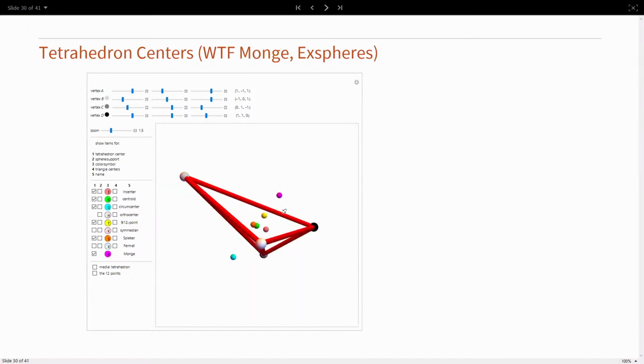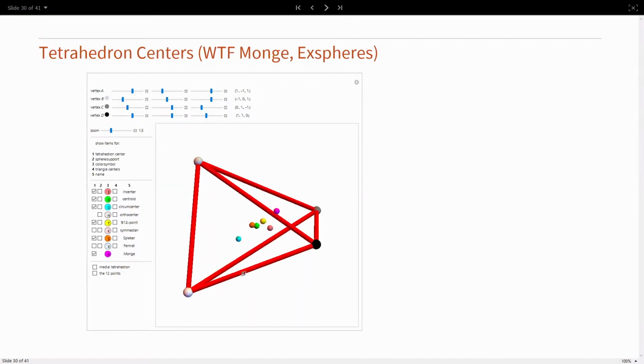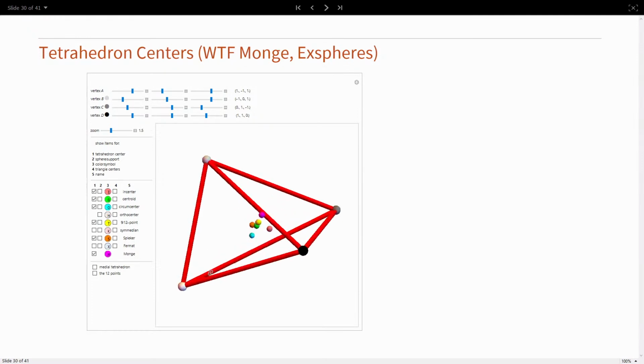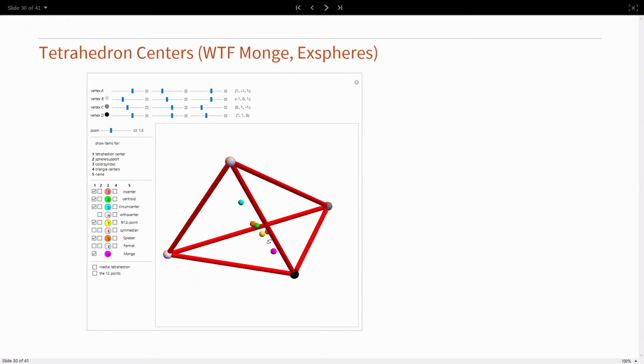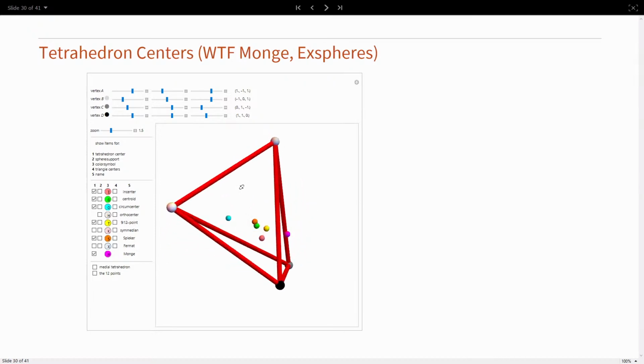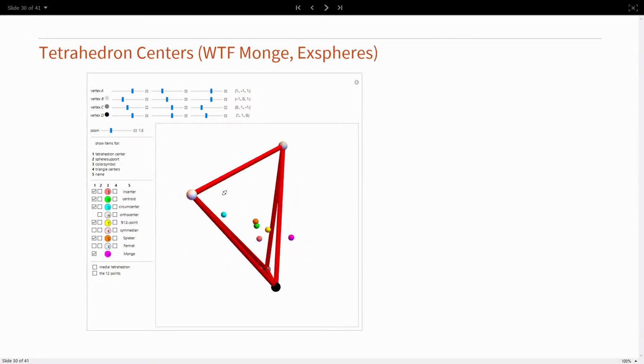We can also move right up to 3D space. Tetrahedron centers aren't as well studied as triangle centers, but they also have many nice properties. I'm hoping to eventually get to an expansion of this study in the Encyclopedia of Triangle Centers, which was built by Clark Kimberling.